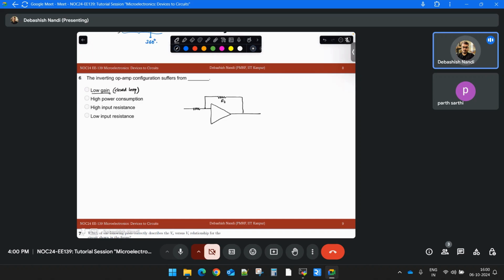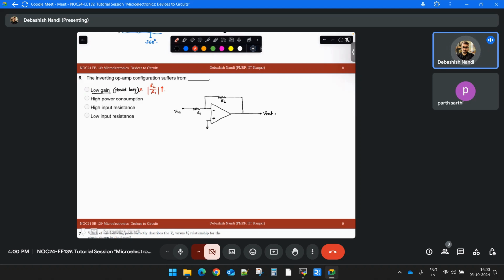So this is your R2. Let's say this is your R1. This is your V in. This is your V out. So low gain is not a concern because I can increase my R2 by R1 until the op-amp enters into saturation. Okay, I can increase my R2 by R1.